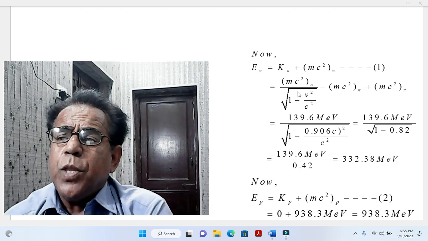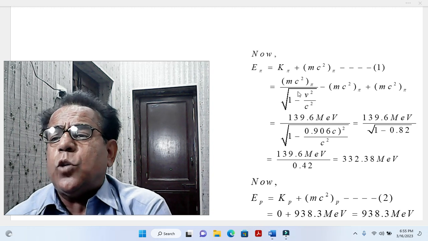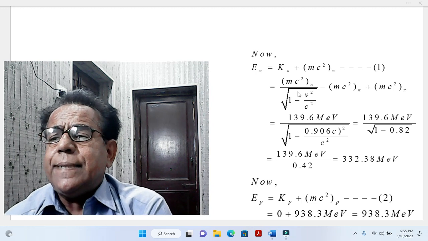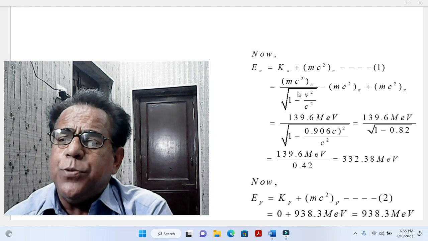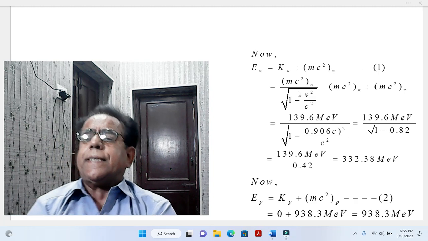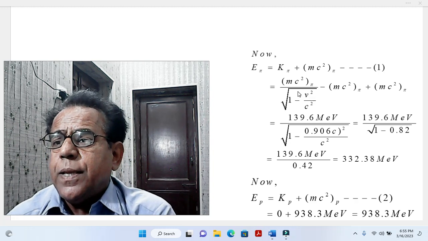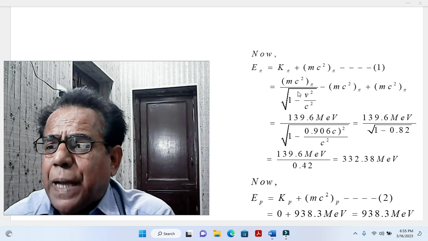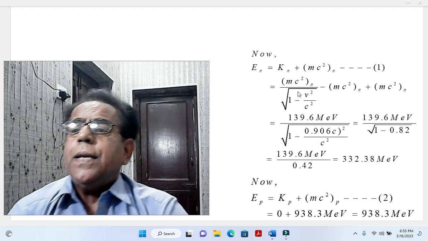So kinetic energy of meson is equal to mc²_π, that is rest energy of pi-meson, divided by √(1 − v²/c²), minus mc²_π, plus mc²_π.